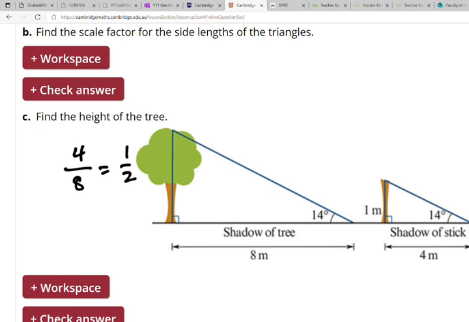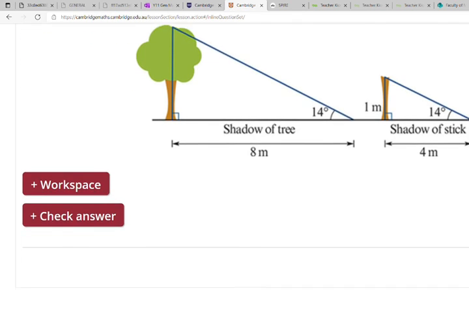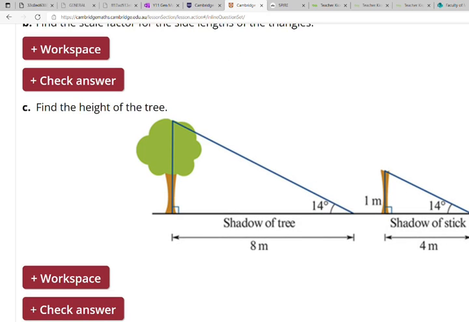Tree's 2 meters tall. Then finding the height of the tree. It's just 2 meters. But setting it up as a proportion, because that's what we have to do, right?